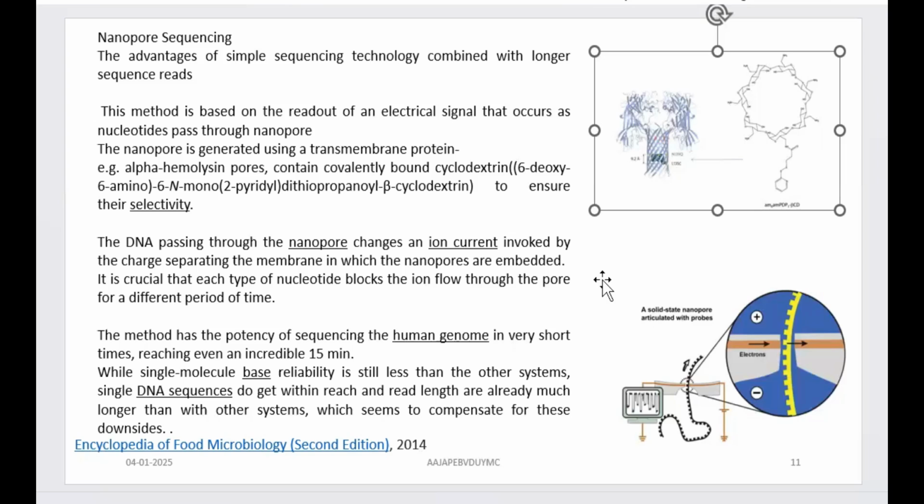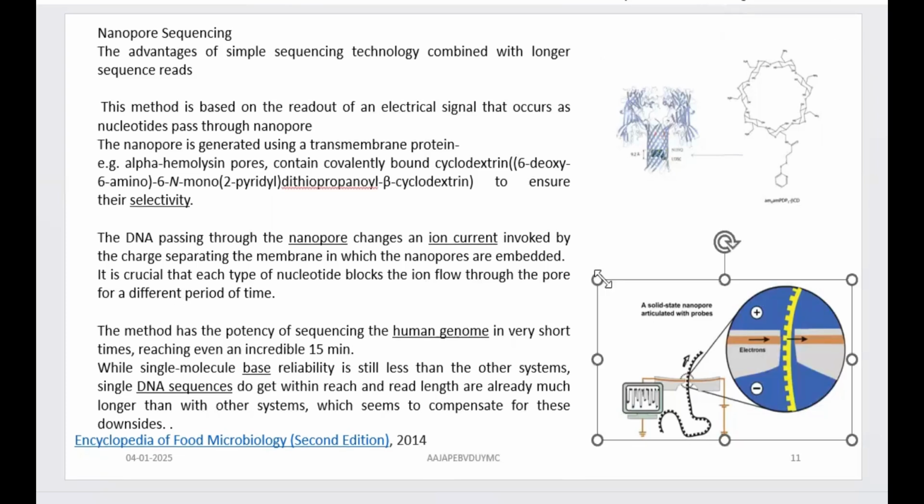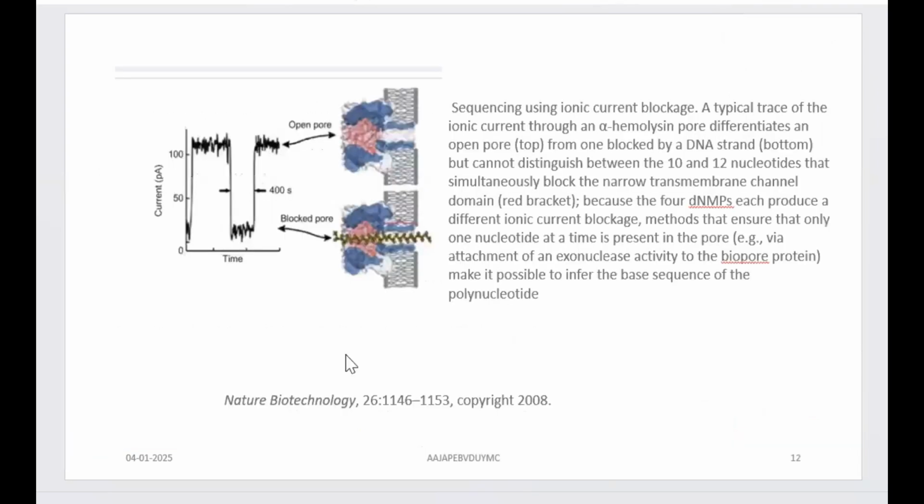Single DNA sequences are within reach, and read lengths are already much longer than with other systems. In the case of Sanger's method, it was hardly 1,000 bases that you could read. But here, you can analyze longer DNA with the nanopore method, and this is how it would look.